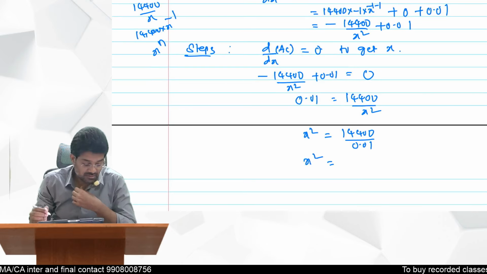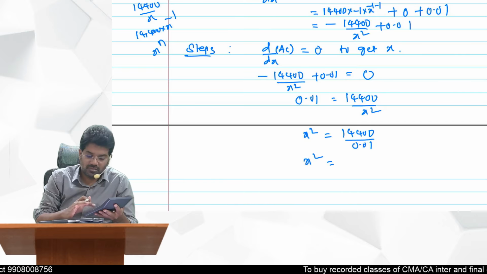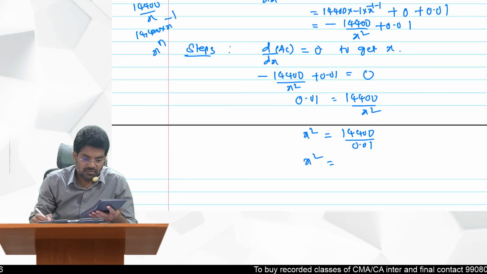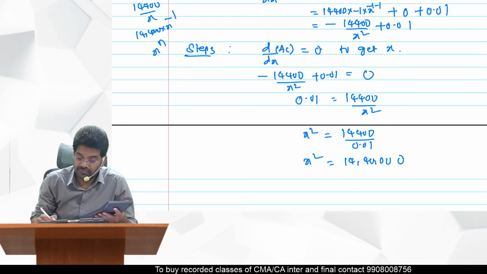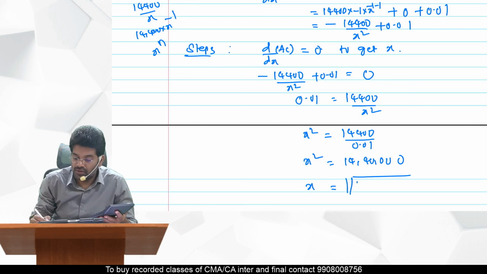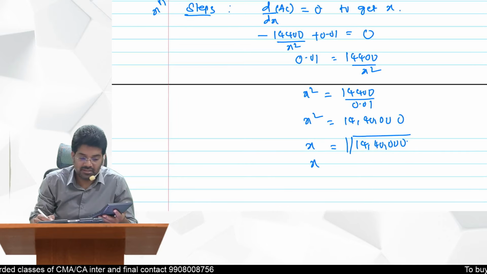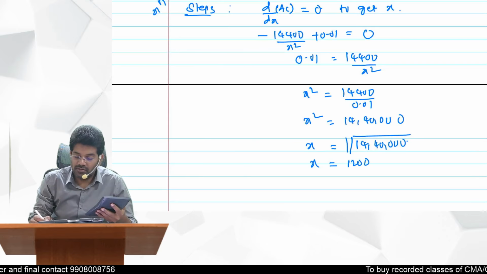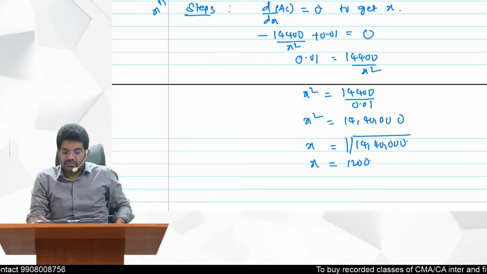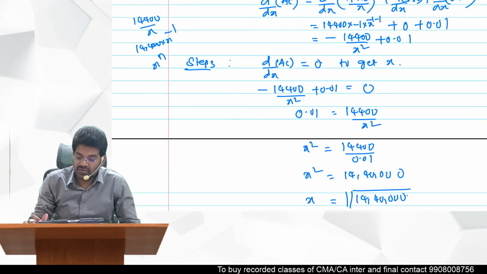X square, how much is the value of this? We are getting 14,40,000. X is equal to the square root of 14,40,000. Apply the square root on this, you are getting x is equal to 1200. So the x value we got is 1200.